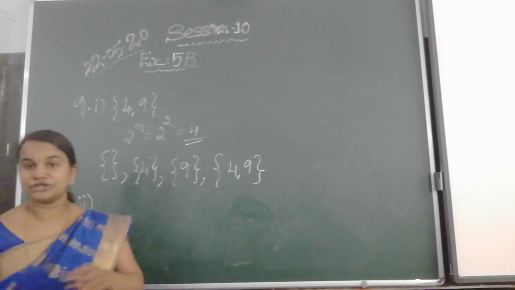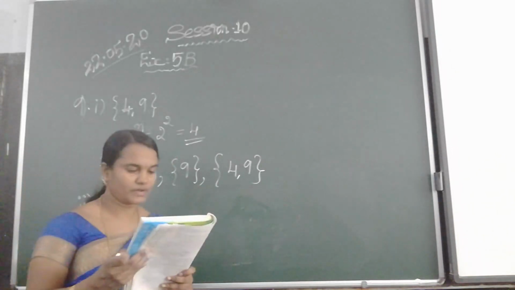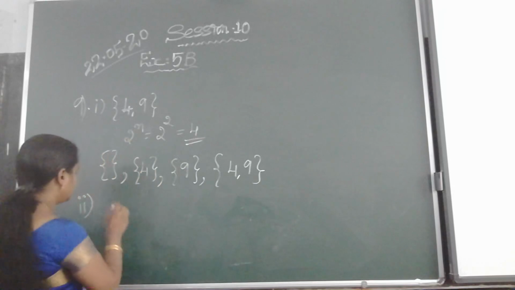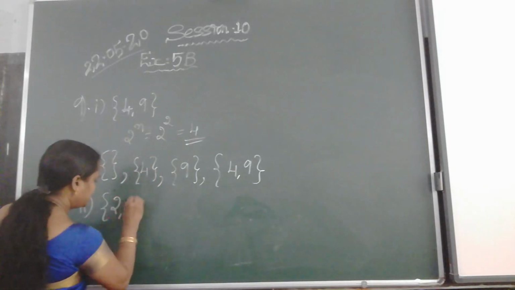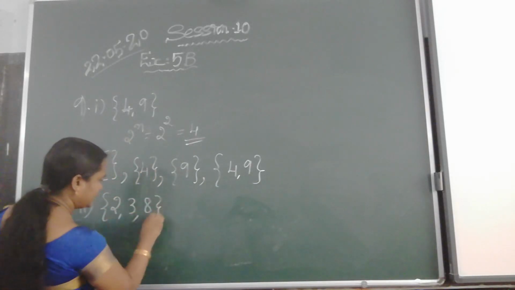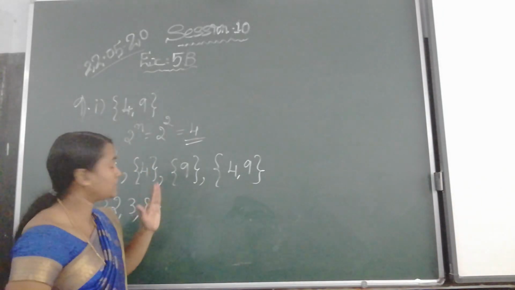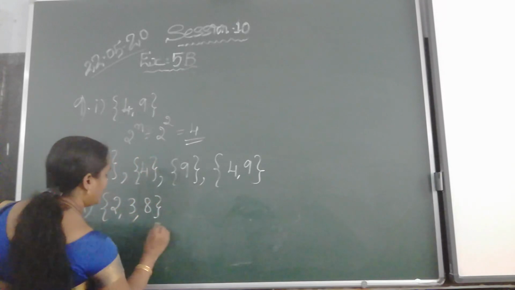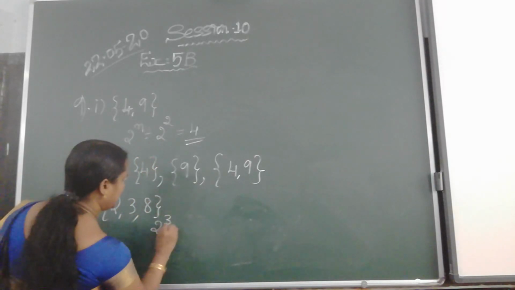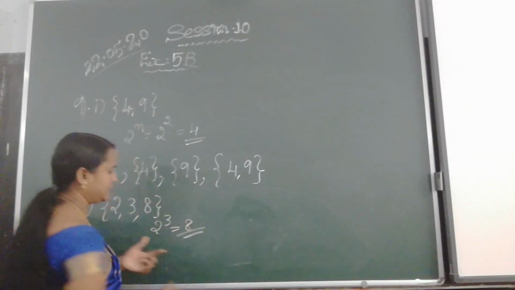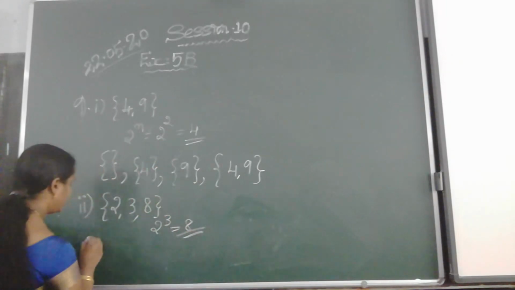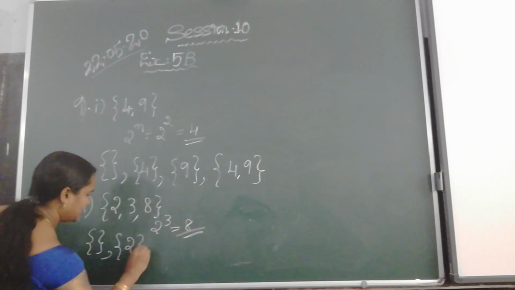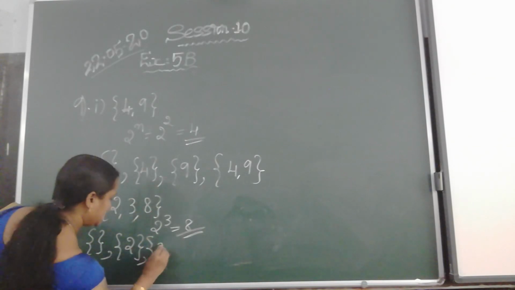Now we will move to the second one. The second question is given {2, 3, 8}. How many subsets do we have to get? 8, because 2 to the power 3 means we get 8. First one is always empty. Second one will be {2}. Third one is {3}.